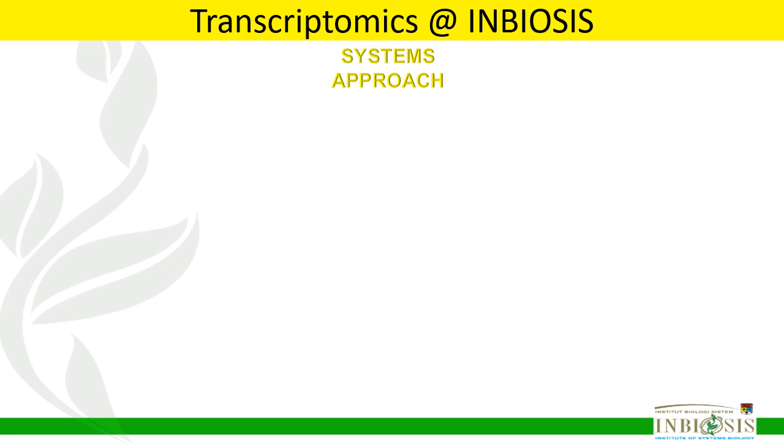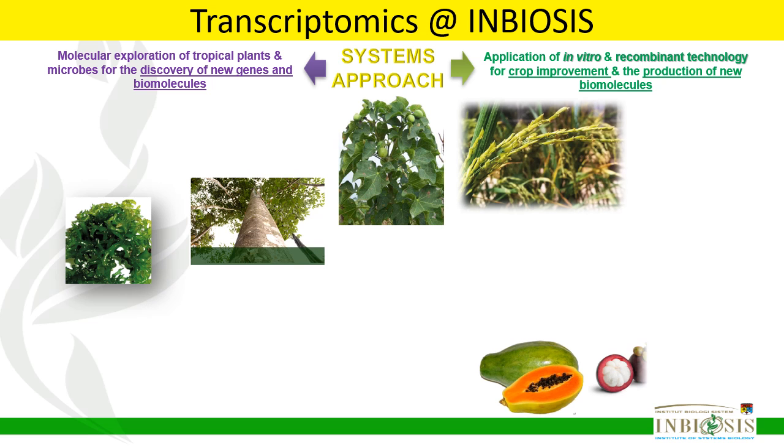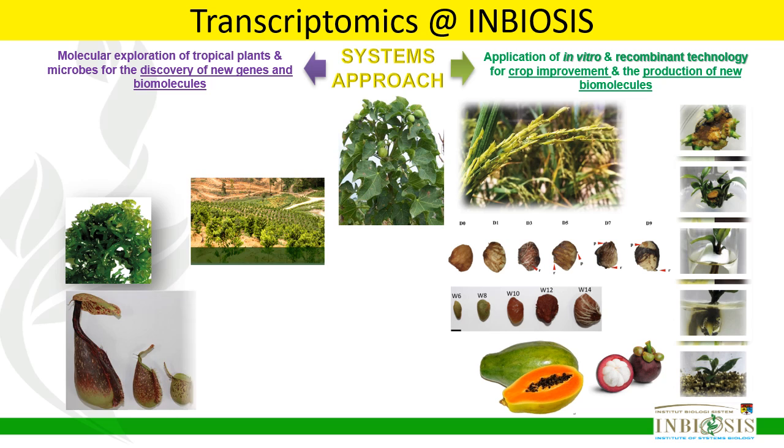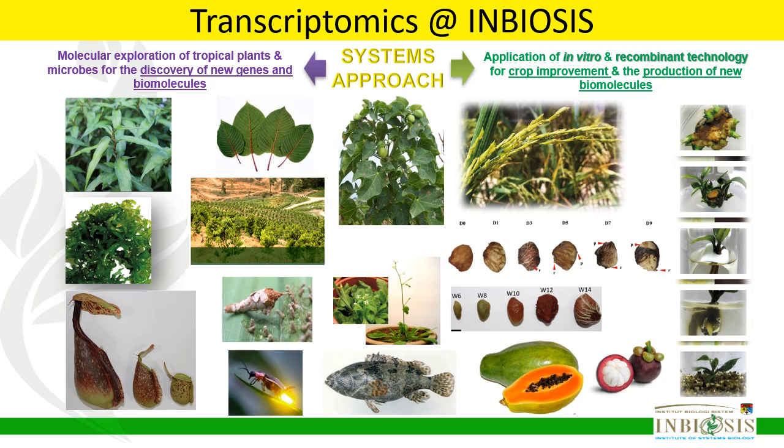Because my specialization is transcriptome, I will just introduce some of the transcriptomic work at INBIOSIS using a systems approach. As I mentioned, we focus on the discovery of new genes and biomolecules, and also on crop improvement. These are some of the plants that we work on, including Jatropha for biodiesel. Then we have Kratom for mitragynine production. We have Gaharu, the resin, which is valuable for fragrance.